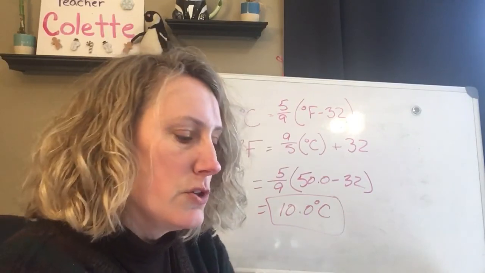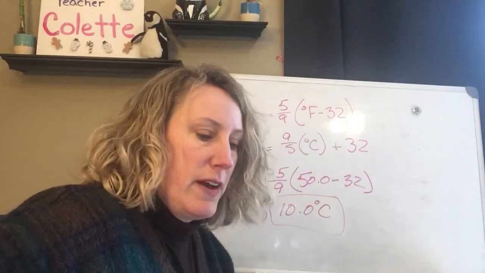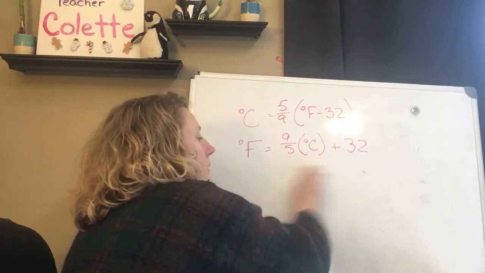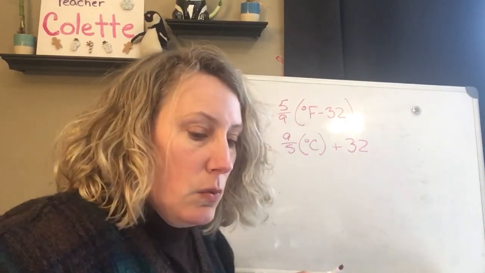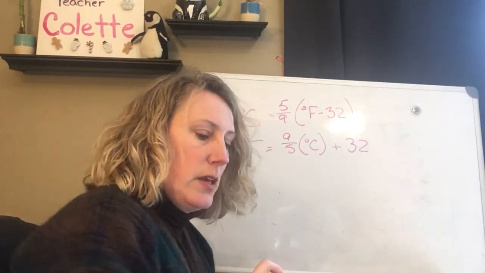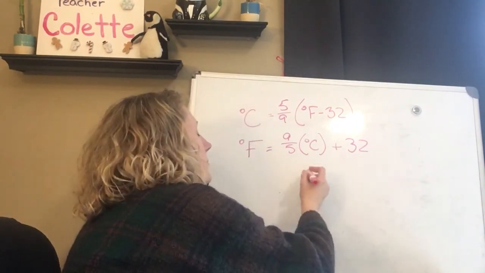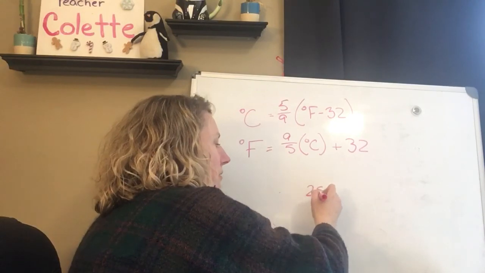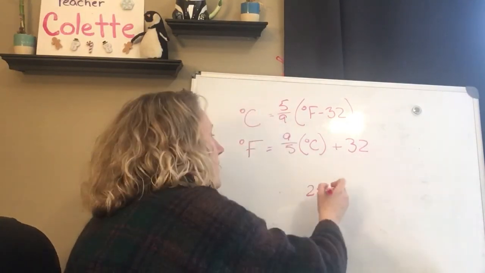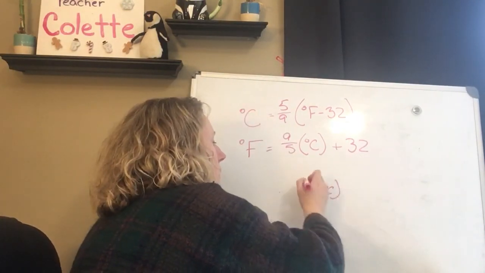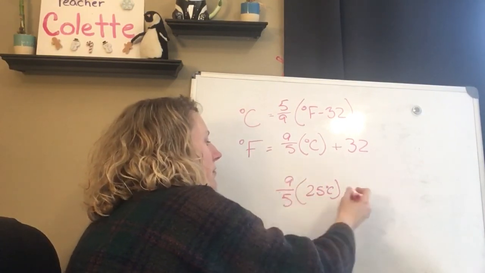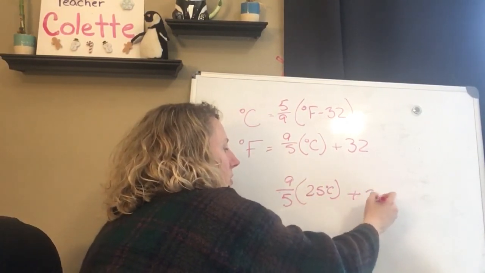Next one. We usually say that room temperature is 25 degrees C. What is that temperature in Fahrenheit? If you know your degrees C, 25 degrees C, you're going to first multiply by 9, divide by 5, and then add 32.